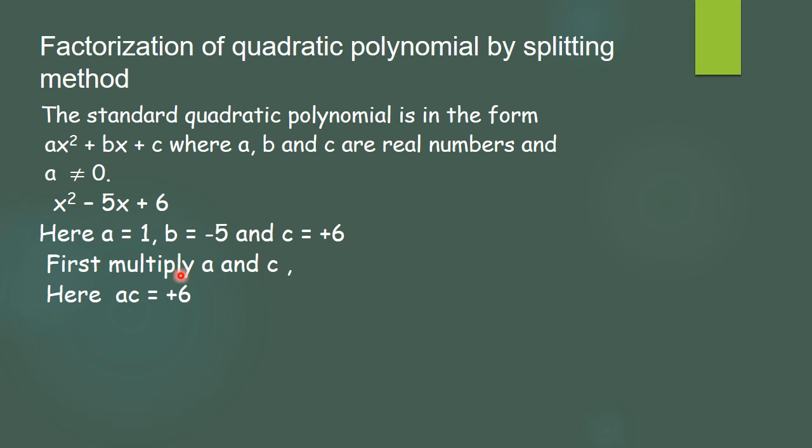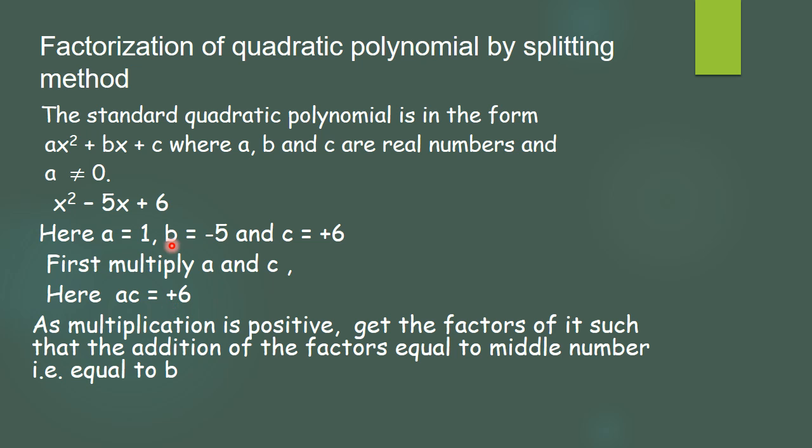Once the multiplication is positive, it indicates that we have to split the factors of 6 such that their addition will be equal to the middle number, that is b. So that is a fixed rule. First rule, multiply a and c. Second, if the multiplication is positive, get factors of 6 such that the addition will be equal to the middle term.